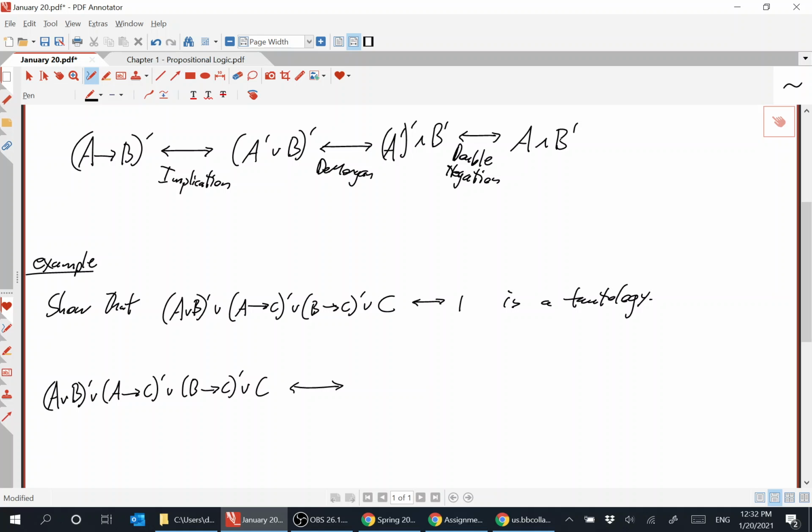We already did that sequence up here, so let's just quote that sequence: implication, De Morgan plus double negation, gives us what? So this is still A or B naught, but then this becomes what?